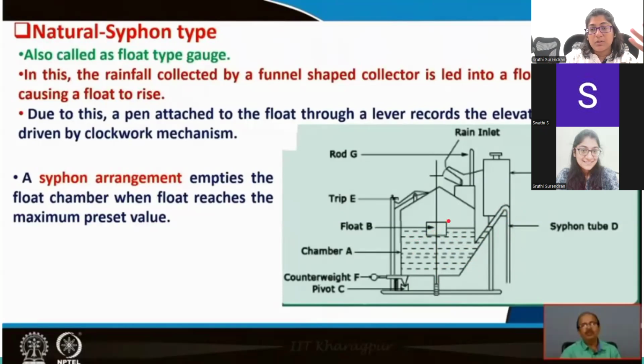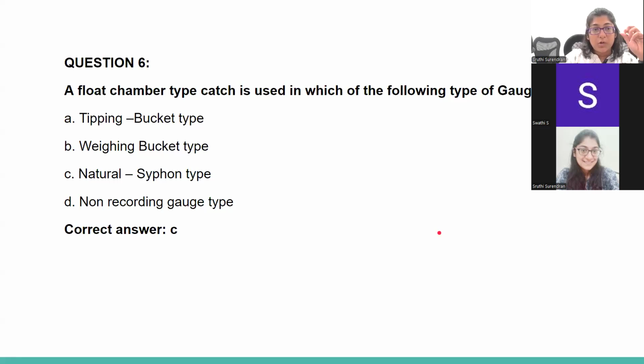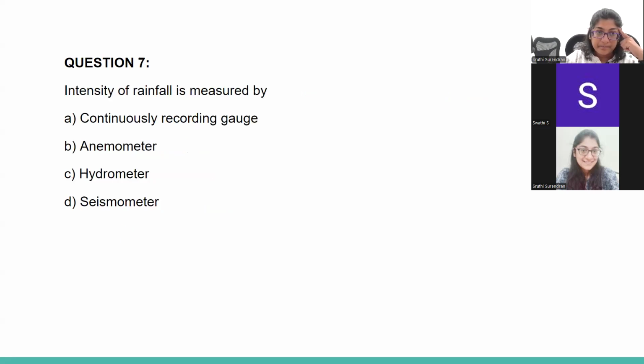It's a continuous work, so it is recording the accumulation of rainfall against time. So the correct answer for this question would be option C, natural siphon type. It is also called a float type recording rain gauge. The name float itself should bring this type of recording gauge into your mind.